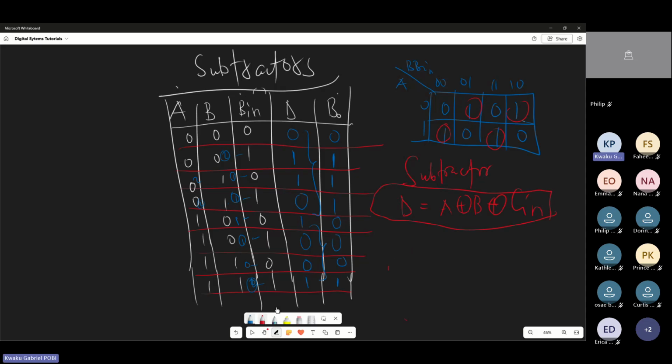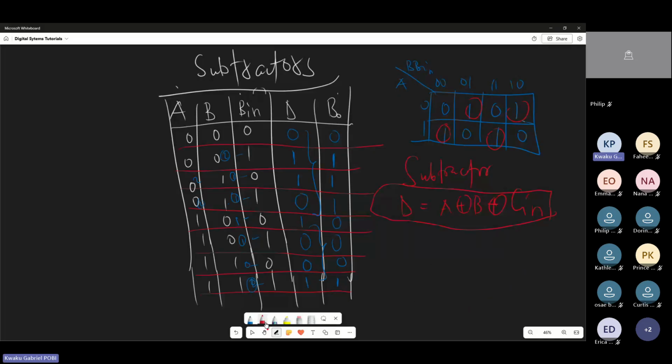Then if we are to check for the B naught, the B naught will have something like this. This A, B in, 0, 0, 0, 1, 1, 1, and then 1, 0, 0, 1. Now let's write the expressions one by one. Mostly if you do the K-map, you will not see something clearly in a way.